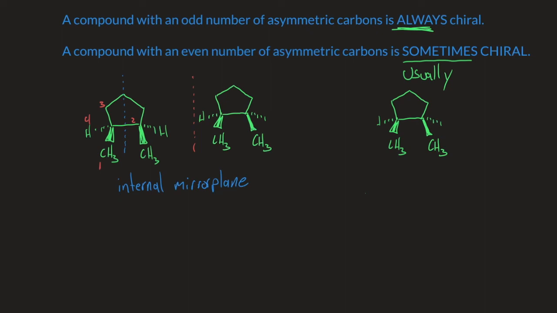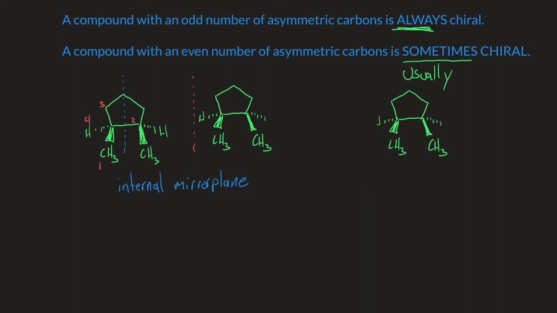If I reflect across this plane, this methyl group winds up on top of that methyl group, this hydrogen winds up on top of that hydrogen, and this carbon winds up on that carbon. And so that's called an internal mirror plane, and any molecule that has an internal mirror plane is not going to be chiral.